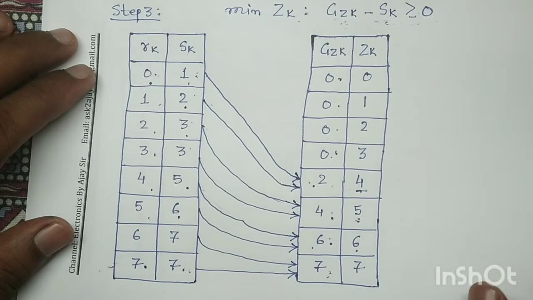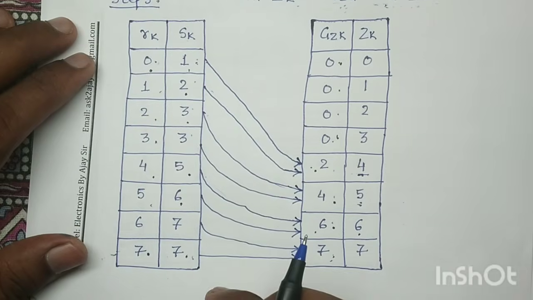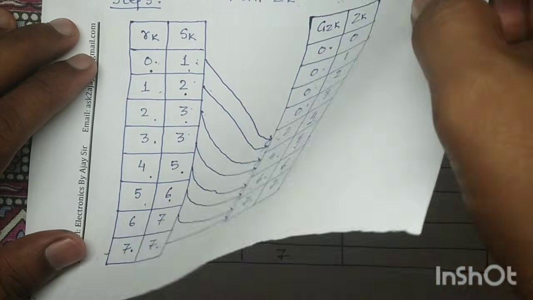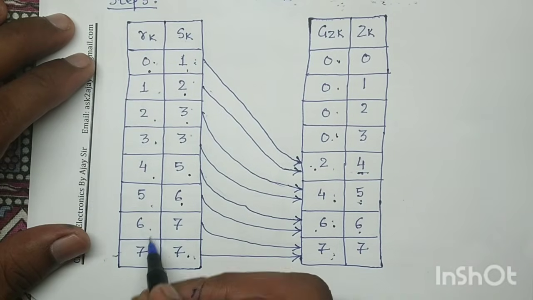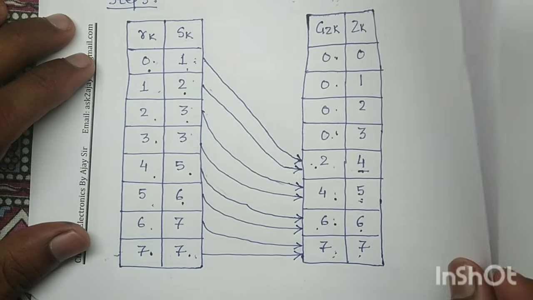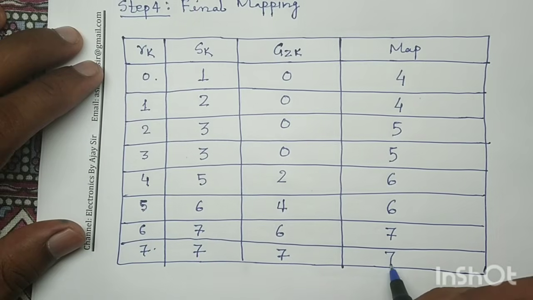Next, if RK is equal to 6 or 7, it is mapped with ZK equal to 7. So I will write here 7 and 7.